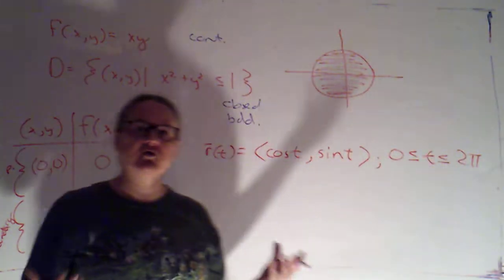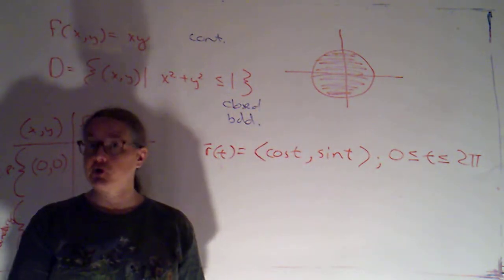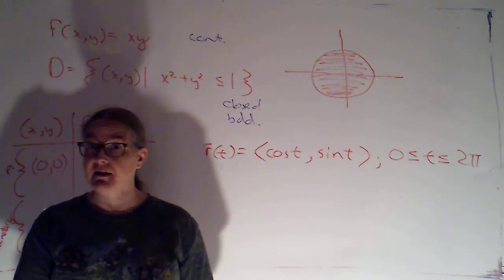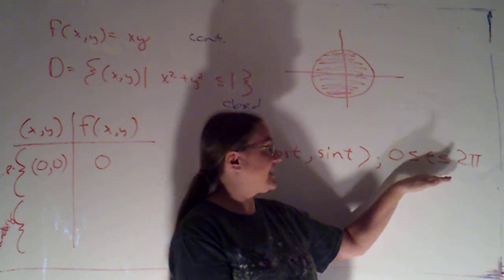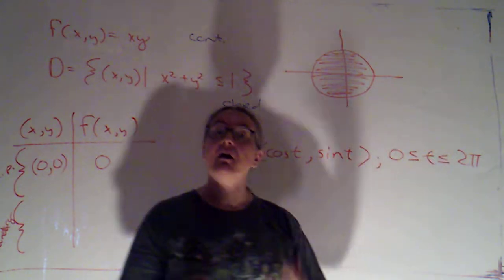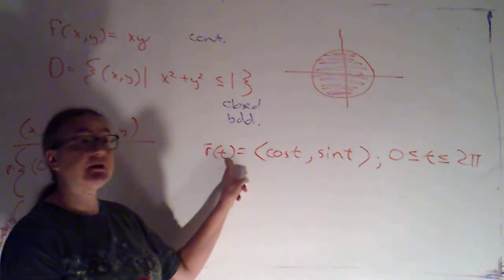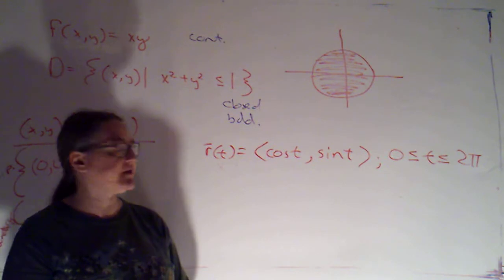Now I don't have to choose that particular interval, but I do want to restrict the domain for two reasons. One, I want the extreme value theorem to apply, which means I need to be working on a finite closed interval. That way I can use the extreme value theorem for functions of one variable, assuming the function that I get when I plug this into f is a continuous function of t.